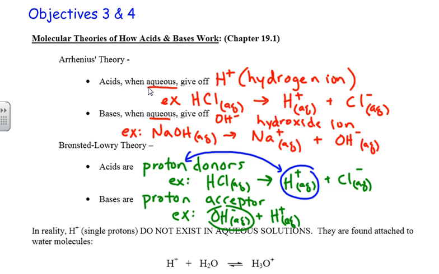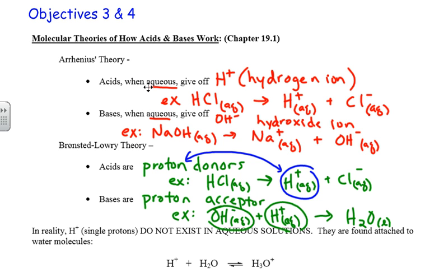This hydroxide is going to accept the proton. And you might guess what will happen when that hydroxide accepts the proton. You see 2 hydrogens and 1 oxygen. The charges cancel out, and what you end up with is water. Of course, that would be liquid water. You can't have aqueous water.